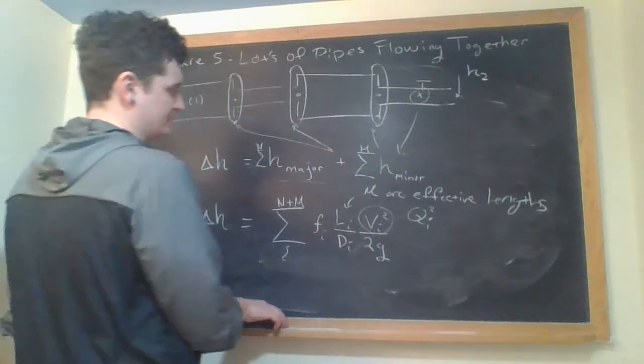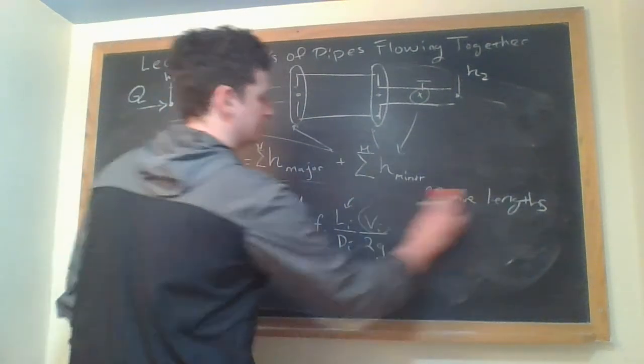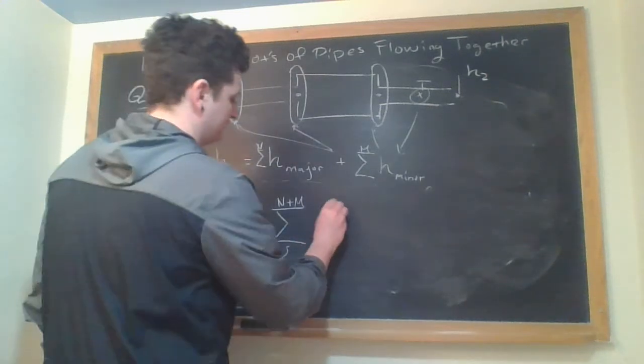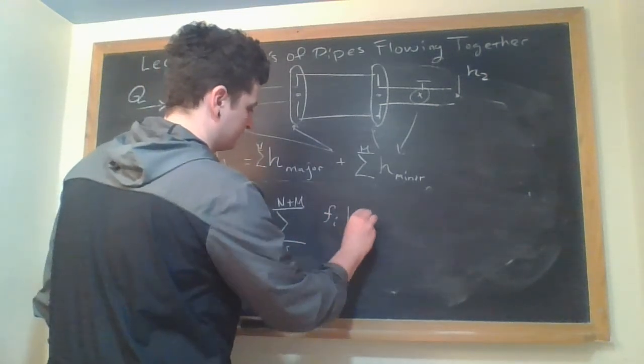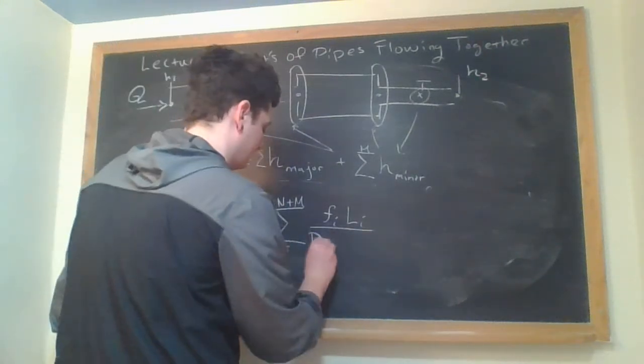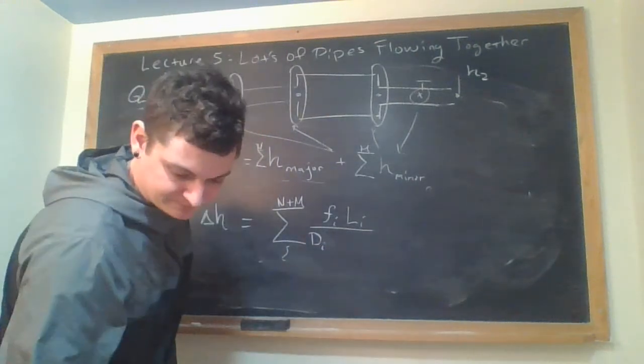If you do that, you can see where this is all going. All I'm doing is writing velocity in terms of flow rate, and you'll see why.